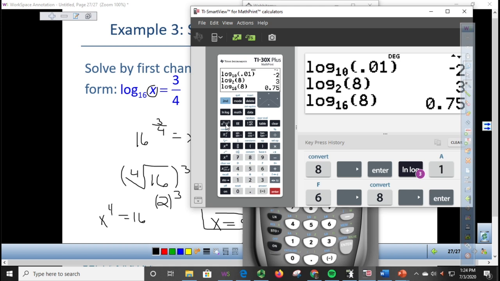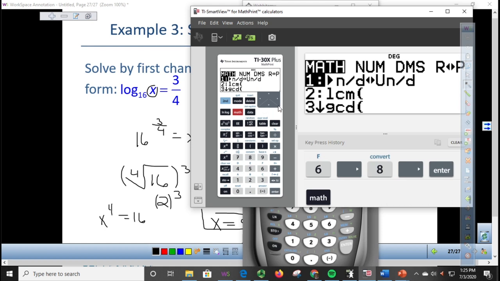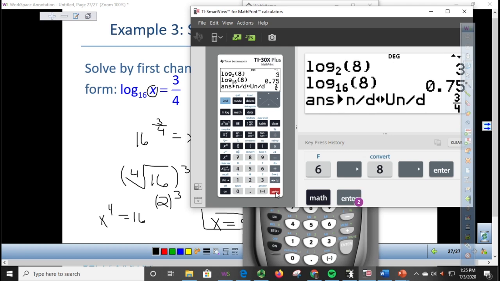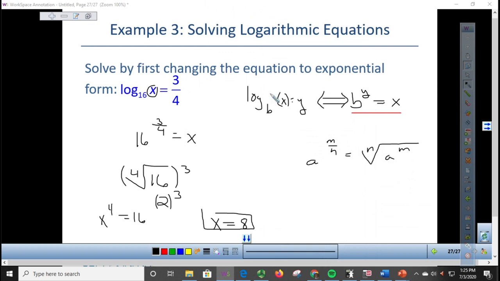On this calculator, to change it to a fraction, I don't see the key, but hopefully we know that 0.75 is just 3/4. Oh, here it is. Change that to a fraction. There it is, 3/4. So hopefully, as we're looking at this, that's making sense. I just have to put it into something in which I can evaluate.